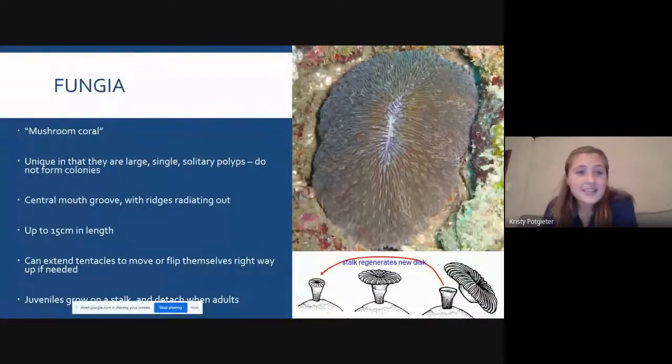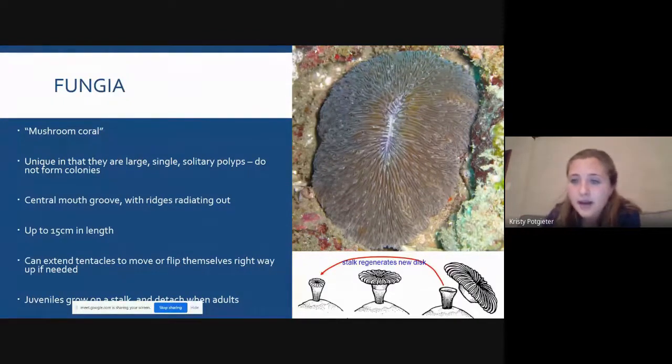Our next one is Fungia, or mushroom corals. Okay, these ones are really cool. They're quite a unique coral in that they are a large single solitary polyp. So your mushroom corals do not form colonies, okay? They are solitary, free-living corals. You'll see that central mouth groove in that picture there.